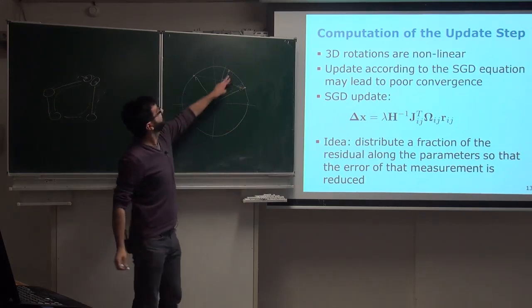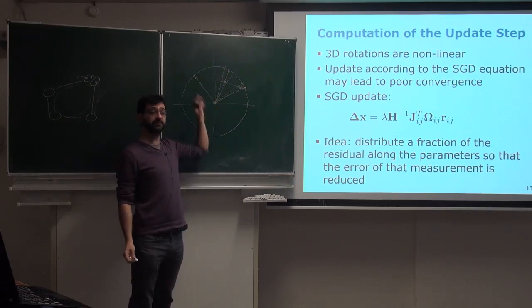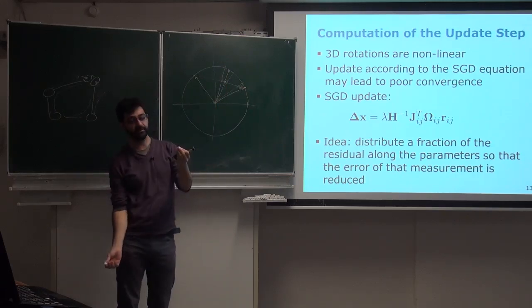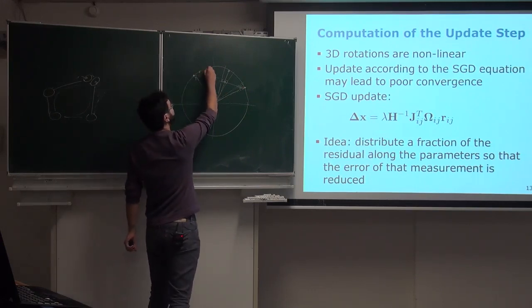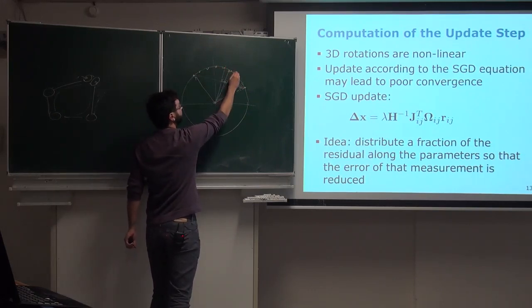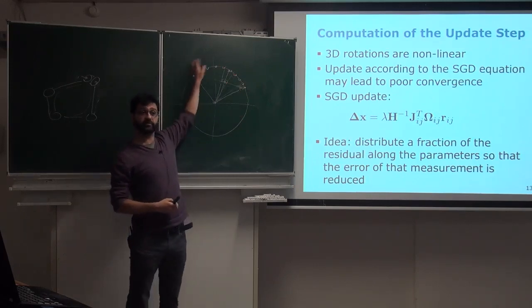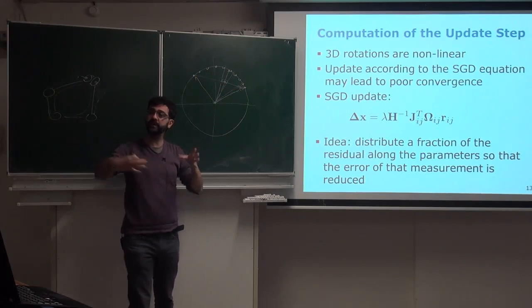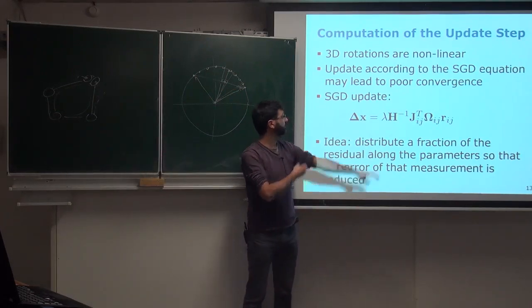So the differences of the angles that you interpolate are not related. If you do it on what's called the manifold of the rotations, you will end up with something which is linear on the circle, which is what you really want when you want to spread the error. Okay, and that's the idea here.